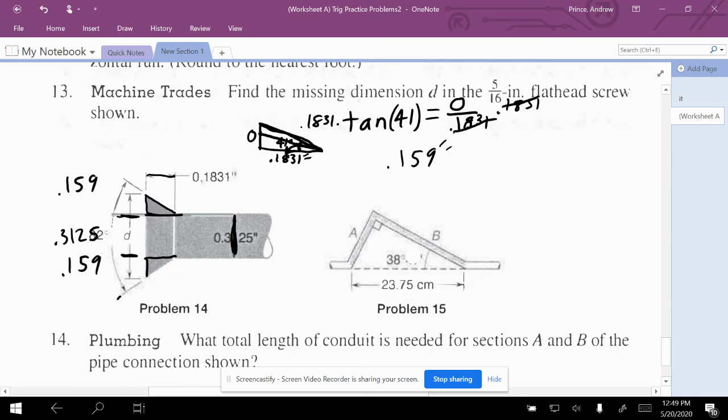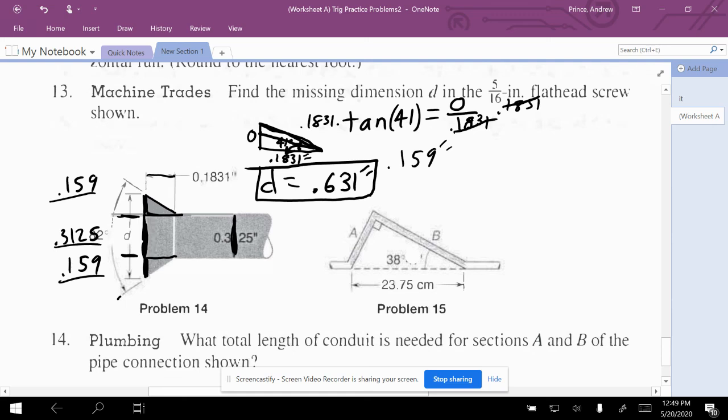I'm going to add all of those together, and get 0.6308, so 0.631 inches. So with this side here, this already given value here, and then adding a second right triangle side here, my overall dimension D is going to equal 0.630832, or 0.631 inches. So that was a little bit of a messy one, but if you understand how to read the drawings properly, that's going to get you off started on the right foot.